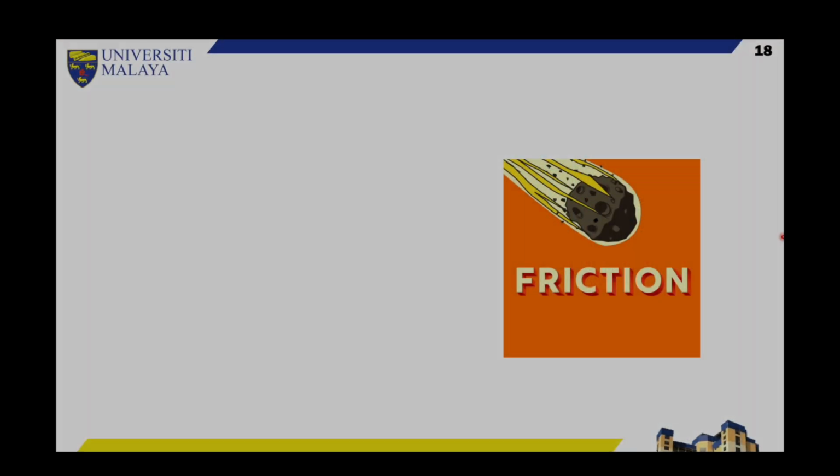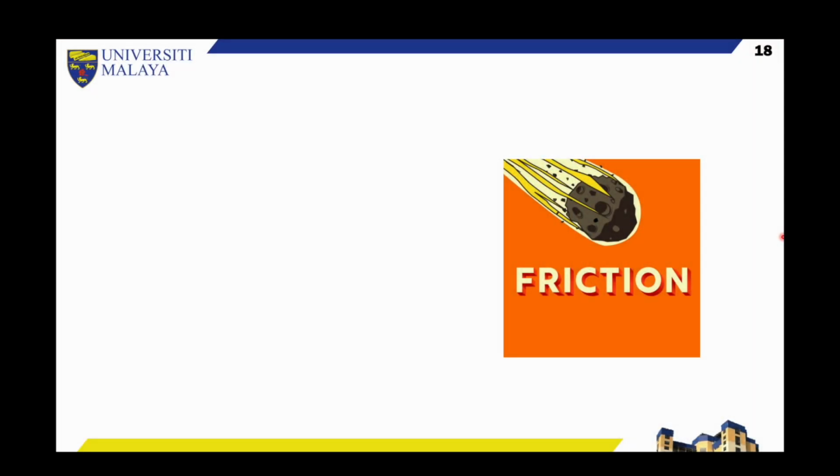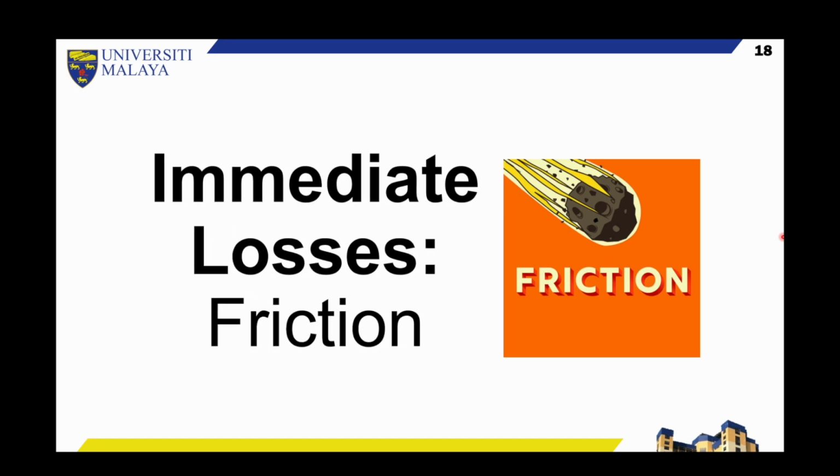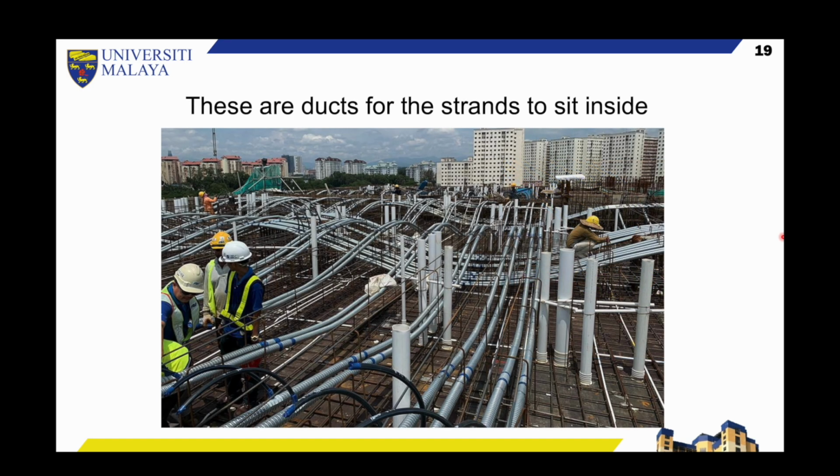Okay, so the next type of short-term losses that we're going to be looking at is friction. Notice that these white colored pipes are ducts, ducts for the strands to be placed inside once the concrete has been poured.